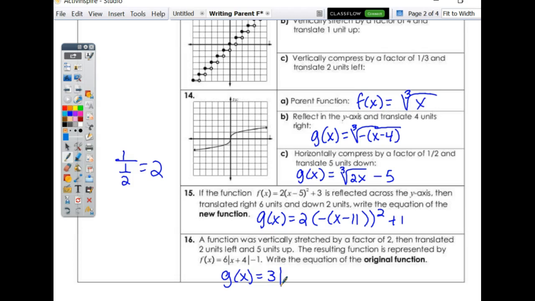So now I ended at plus 4, but I shifted 2 units to the left. So it's x plus 2, right? Because that's a subtraction. And then I shifted 5 units up. So where did I start? Plus 4. So if I end at negative 1, yeah, minus 6. If I moved up 5, I had to start at negative 6.